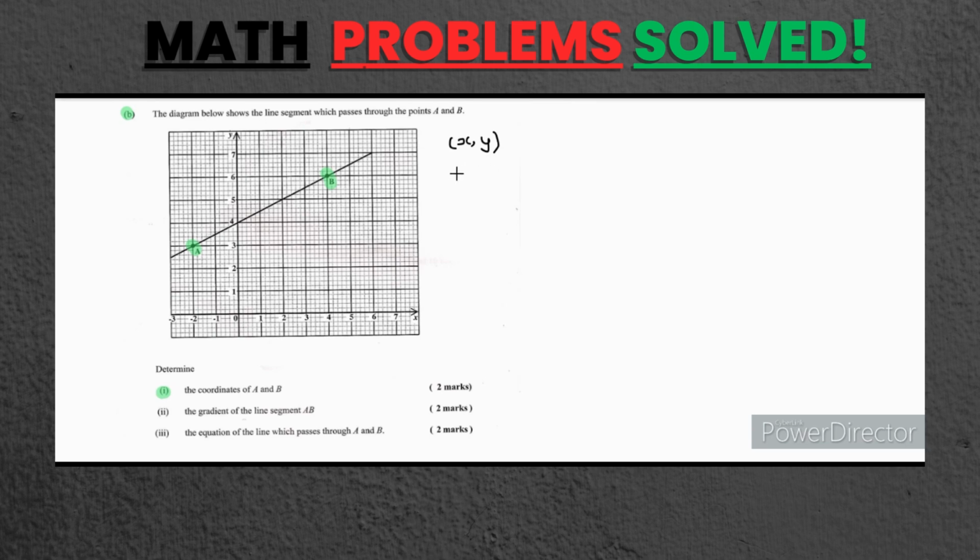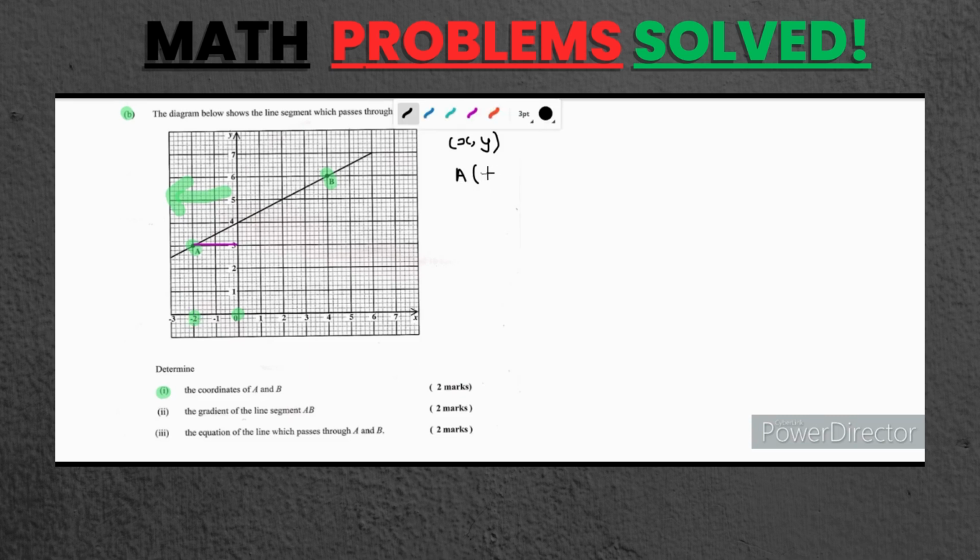So first of all we will look at point A, right? For point A, you can see from here to here, this is the y-axis, this is the origin, right? So from the origin to point A, what's the distance? Because this point A is on the left side of the y-axis, the x coordinate will be a negative number, and it's clearly shown here that it's minus 2.